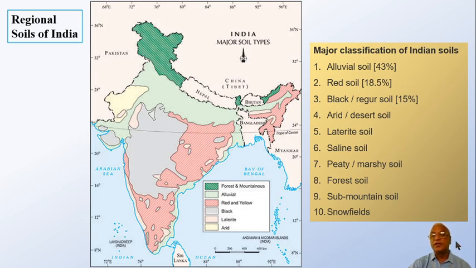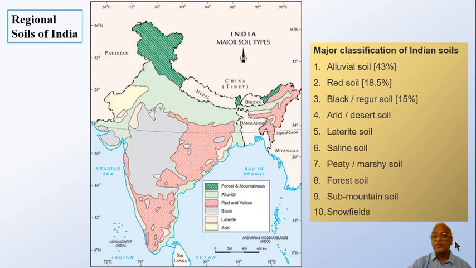Now, geologically, Indian soils can broadly be divided into two main types: soils of the peninsular region and soils of the extra-peninsular regions of India.